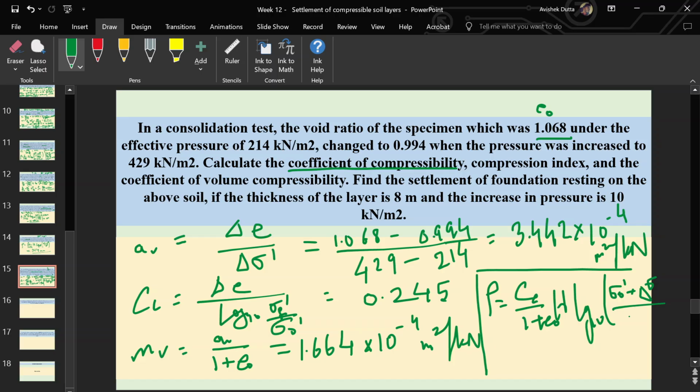Wait, 18.8. But that can be used in between also, I believe, if the effective pressure. Anyway, tell me the value you are getting over here. I'll have to see. What is the value you are getting over here?